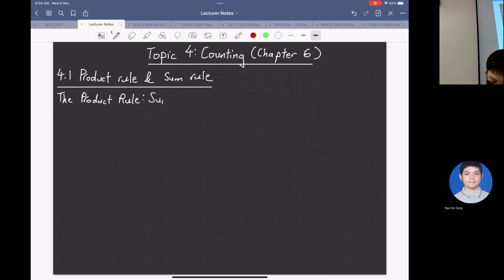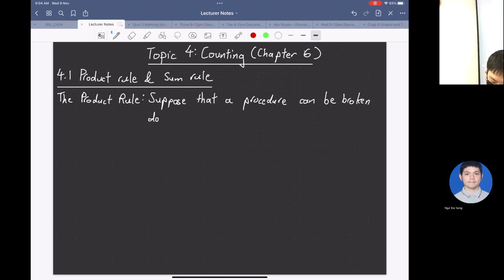Suppose you have a procedure that can be broken down into a sequence of 2 tasks.